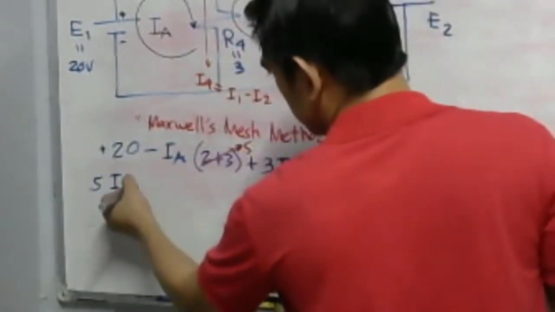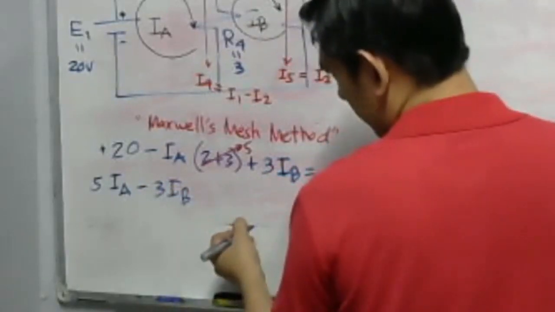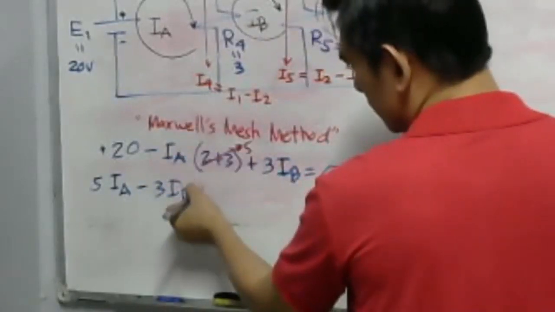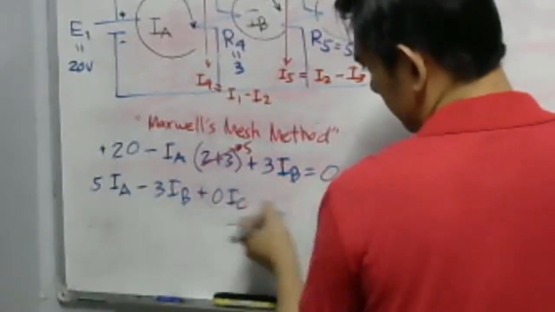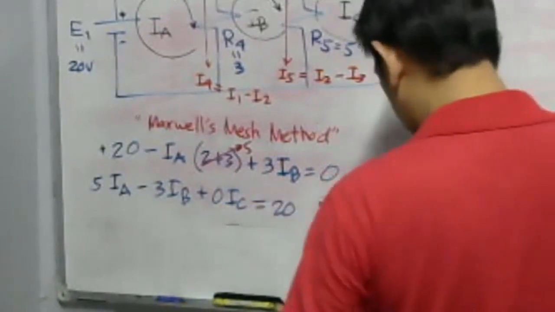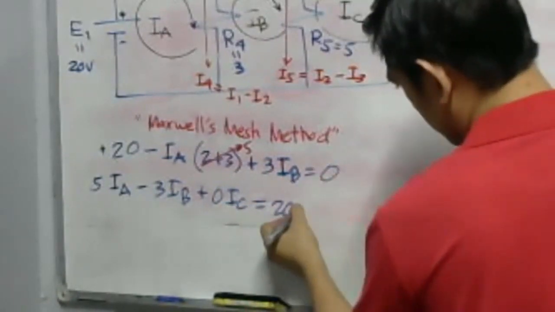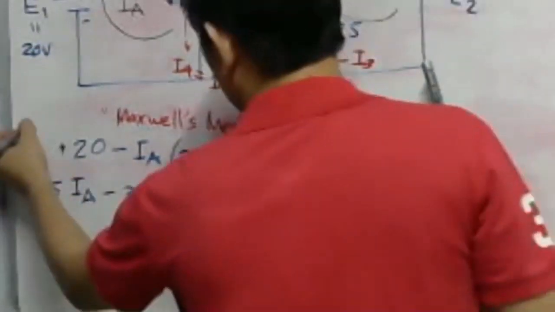Positive will become negative, negative 3IB. There's no IC here, I will just put 0 I sub C for our calculator. That is equal to 20. So that is our equation number 1, at loop 1.